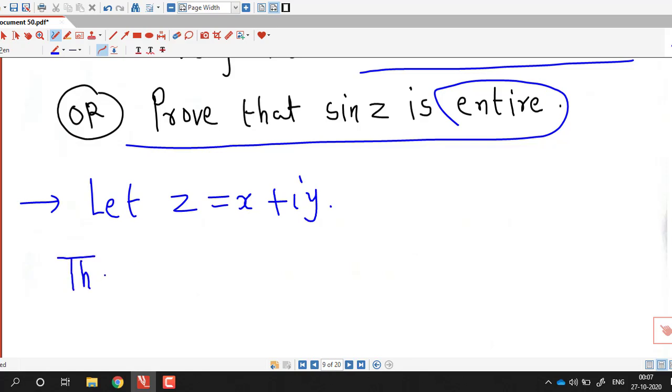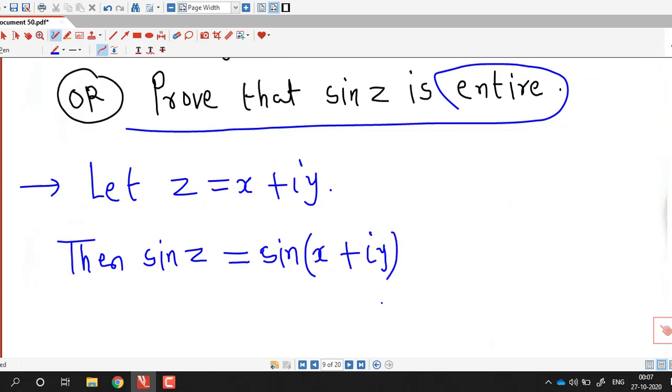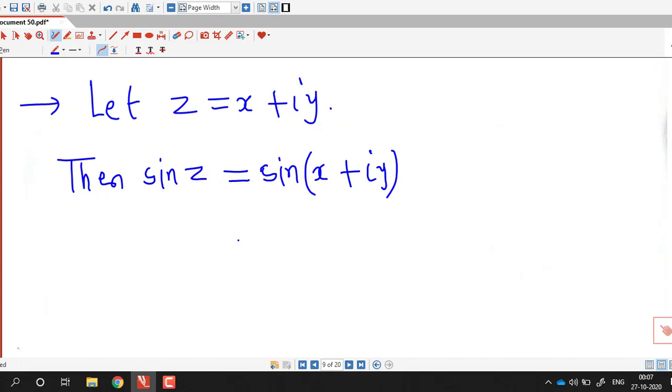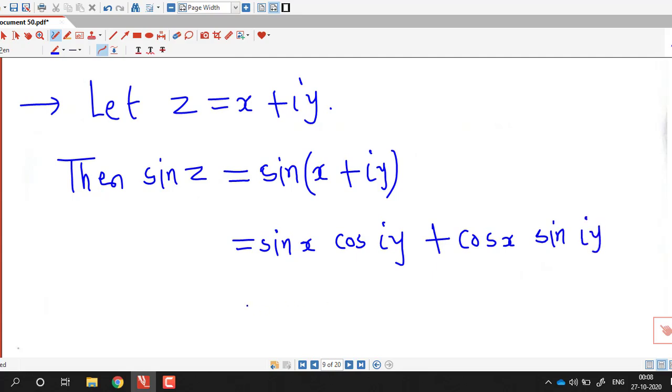Then sin z is nothing but sin of x plus iy, which is nothing but sin x cos iy plus cos x sin iy.